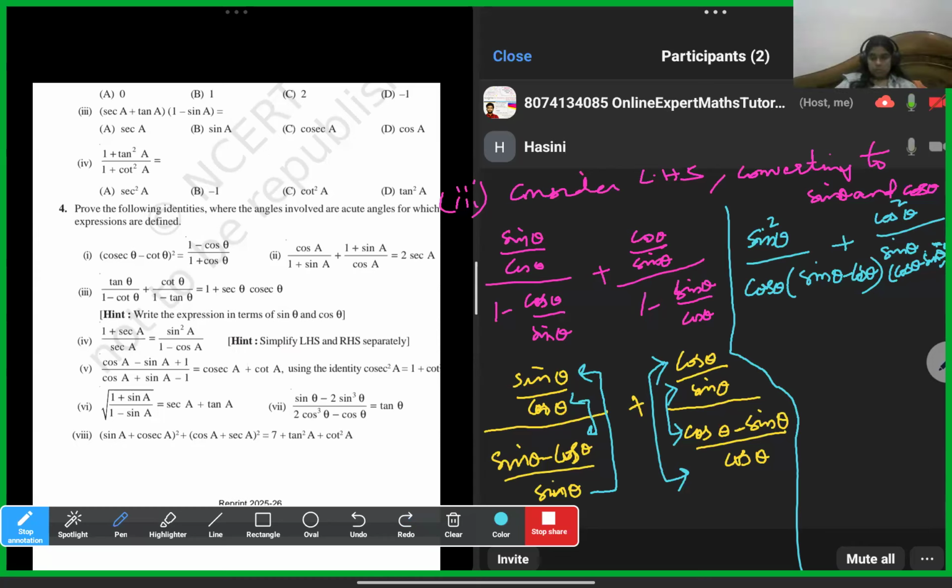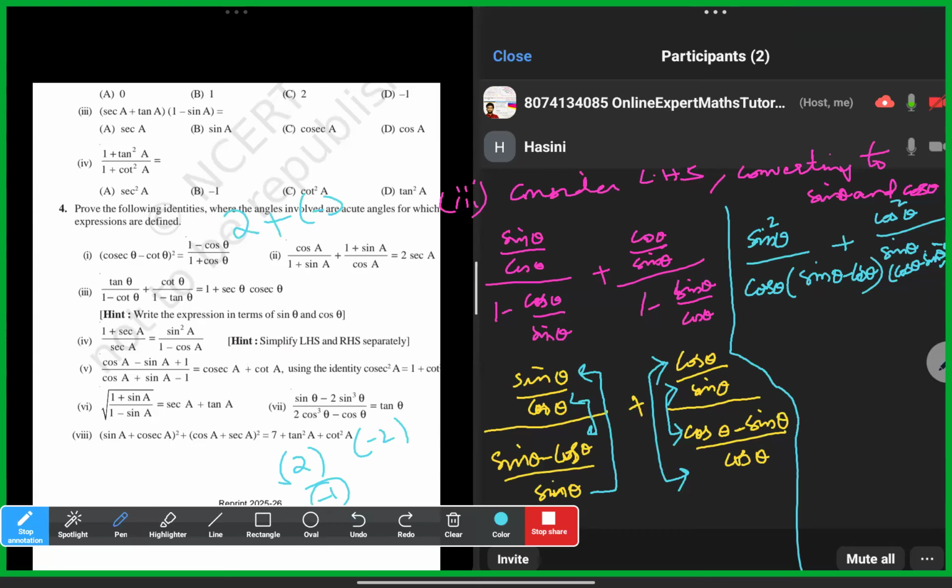So if you observe the denominators, Hasni, this is sin theta minus cos theta, here cos theta minus sin theta. If 2 and minus 2 are there, the common thing for them is minus 1. Like if suppose we have a step like this, 2 plus minus 2, if I take minus 1 common, minus 1 into minus 2 is plus 2.